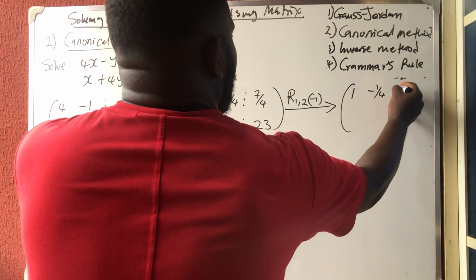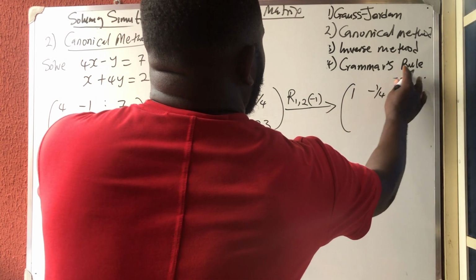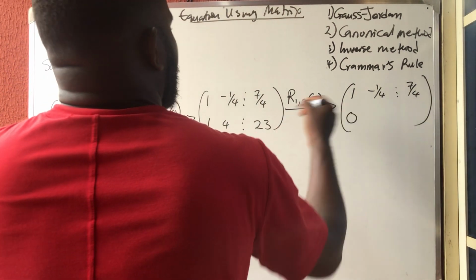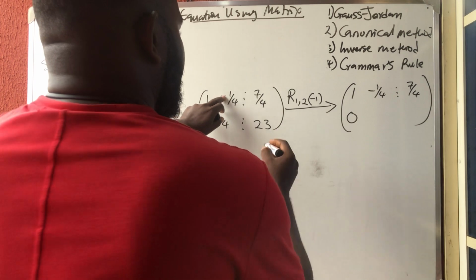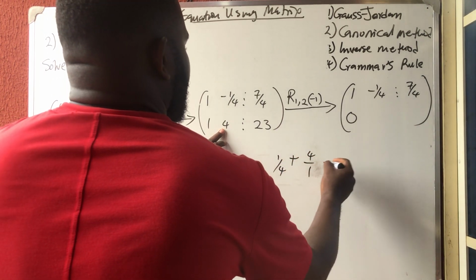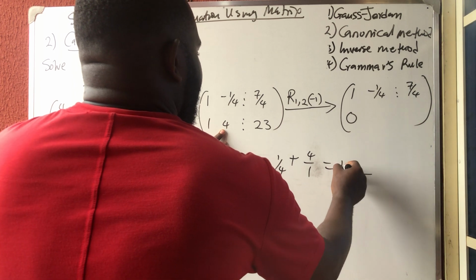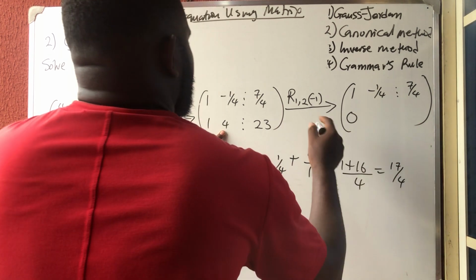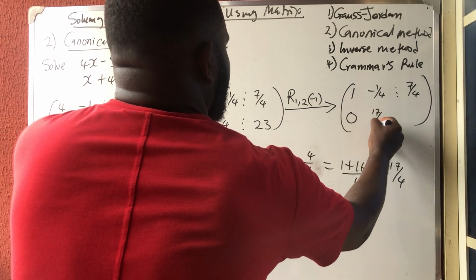-1 over 4 dot dot dot 7 over 4. So here is 0. Now -1 times this will give you 1 over 4. Add it to 4 over 1. LCM is 4. I'm having 1 plus 16, which is 17 over 4. So here is 17 over 4.